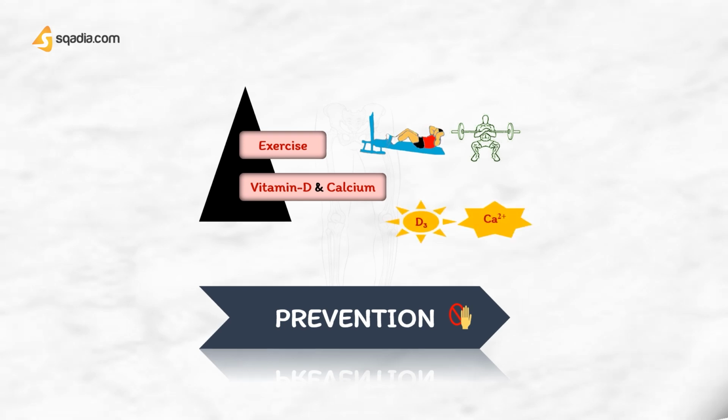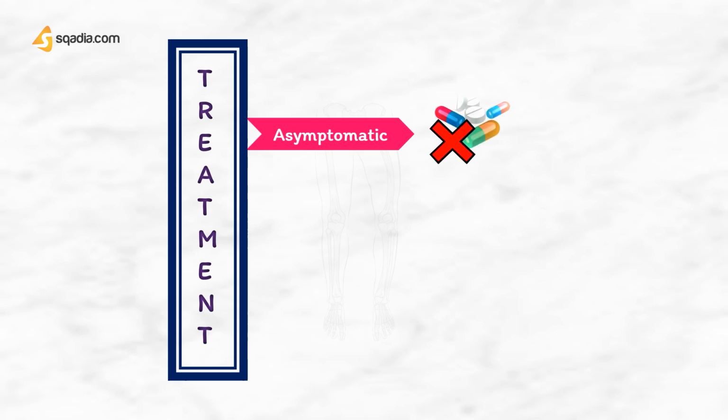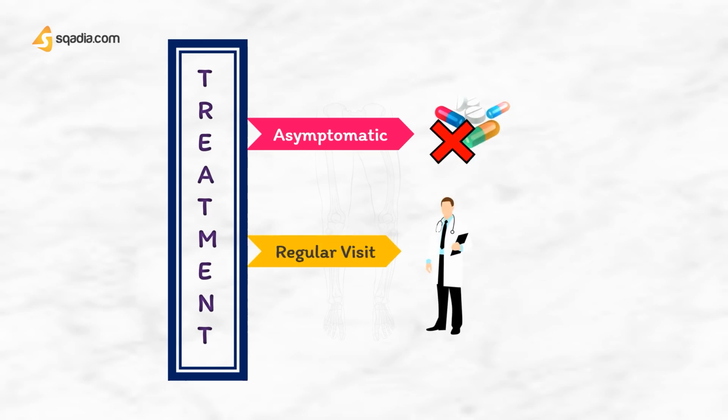If you look for treatment, then there is no permanent cure for Paget's disease, but there are ways to tackle symptoms and future complications. If the patient is asymptomatic, he or she does not need any treatment, but regular visits are recommended for monitoring of disease progression by performing X-rays or other diagnostic tools.